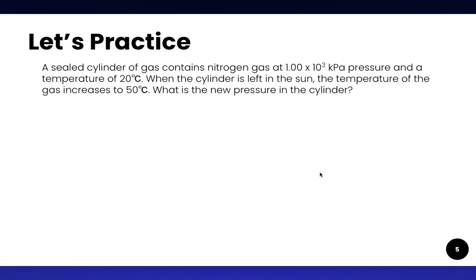So the first thing that we need to find out is which law are we using, and we can do that by picking out the part of the sentence right here, a sealed cylinder of gas. That means that we have a constant volume, and we're going to use Gay-Lussac's law.